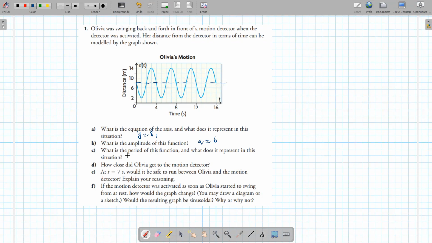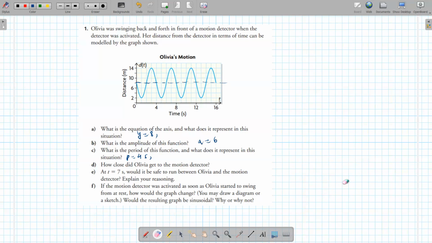What does it represent in this situation? Her swinging back and forth. You're right. The time it takes her to complete one full swing, right? So if she's starting at the maximum, so back, and then she's gonna go all the way forward, and then she's gonna come all the way back. So that's what it represents, one full cycle.